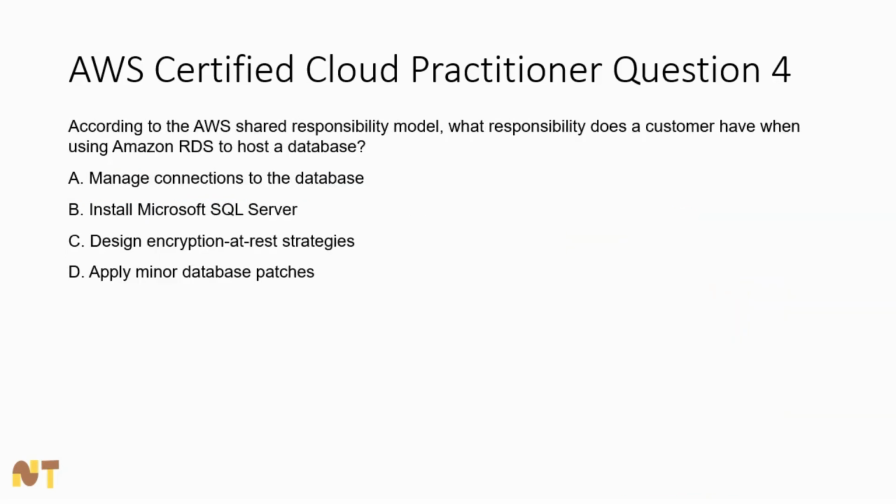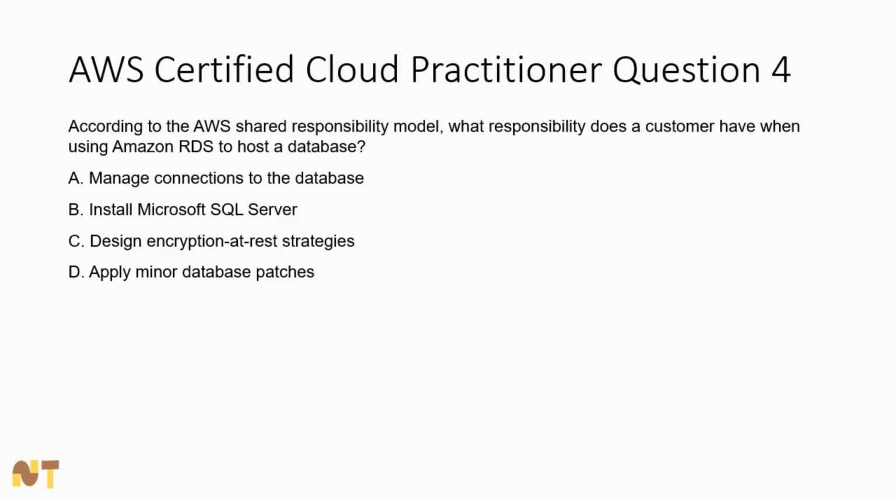According to the AWS shared responsibility model, what responsibility does a customer have when using Amazon RDS to host a database? Managing connections to the database, install Microsoft SQL Server, design encryption at rest strategies, or apply minor database patches. Amazon RDS is like having a personal database genie, handling all the heavy lifting.